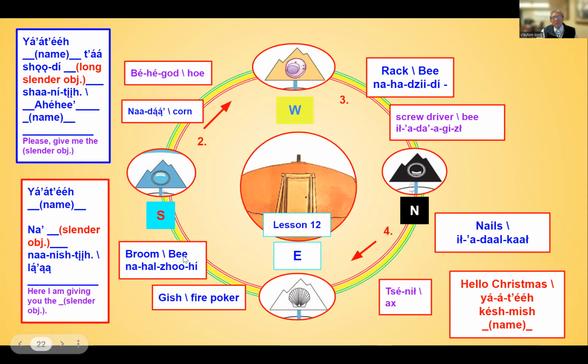Benajo. 1, 2, 3, 4, 5 sounds. And another long, slender object is corn. It's not really long, but it's long enough that it's slender. And so, natan. We had that for a long, long time, so we have a specific name, natan.